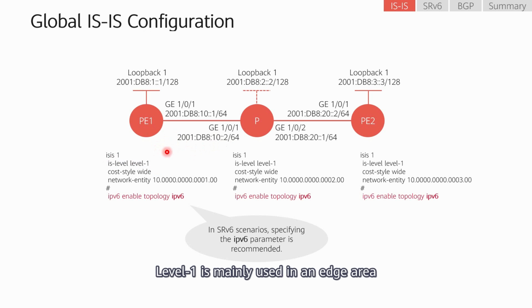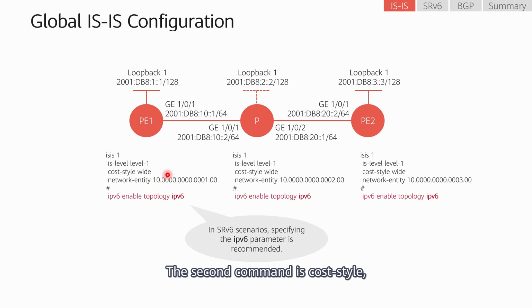Level 1 is mainly used in an edge area and is responsible for intra-area routing, while Level 2 is used in a backbone area and is responsible for inter-area routing. A Level 2 device can connect different Level 1 devices. In this command, Level 1 is specified.